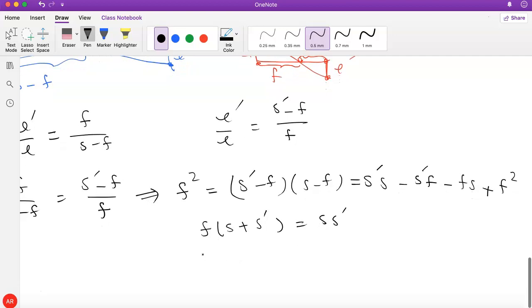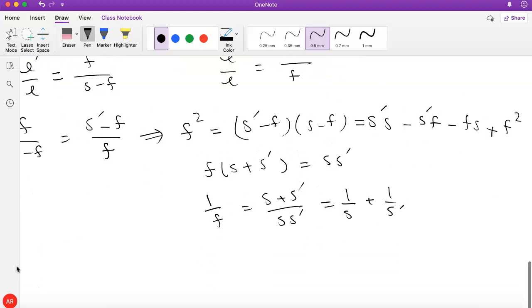That means that 1 over F, let's say we divide by F and divide by S times S prime, becomes S plus S prime over S times S prime. And this is S over S times S prime, which is 1 over S prime, plus S prime over S times S prime, which is 1 over S. So that's 1 over S plus 1 over S prime. Okay, so that's known as the thin lens equation.